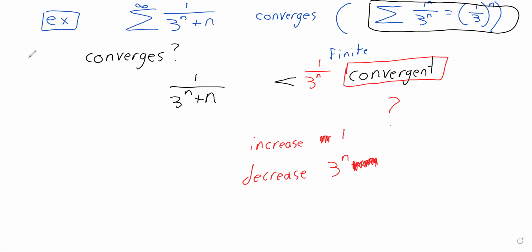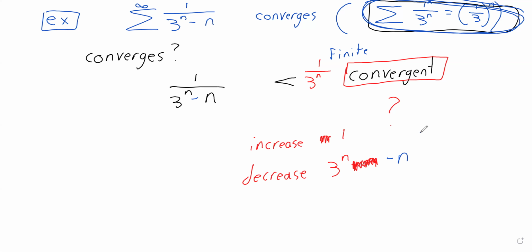And as I say, this test is delicate, in the sense that if instead of addition, we had subtraction, that doesn't really change our intuition. We still think this looks basically like a geometric series. We think it probably converges. But now we can't just cross off the n, because crossing off the n increases the denominator.